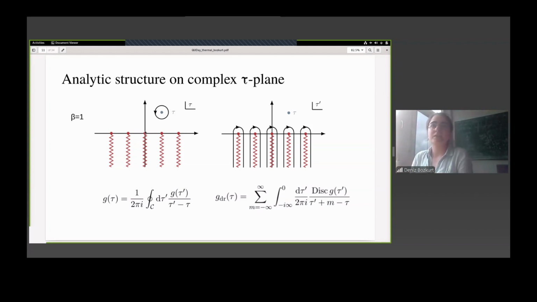And then once we fix the analytic structure, once we know which type of analytic structure we are looking for, then we can play a very simple game and define our two-point function in terms of a Cauchy integral at a generic point. And then we can open this contour and make it infinitely big. In this case, this contour will pick up all the contributions that are coming from the poles and the cuts.